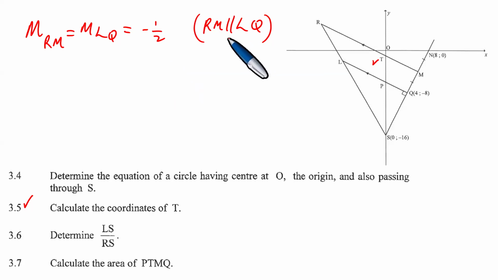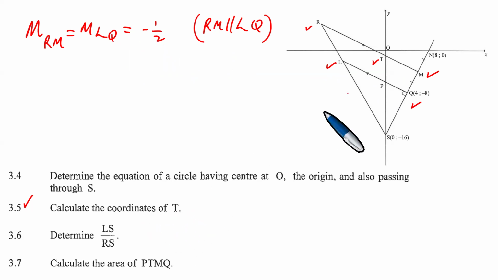If two lines are parallel like RM and LQ, here is R and here is M, here is L and here is Q, these are parallel lines. So the gradient of the line RM is equal to the gradient of the line LQ, because they're parallel to each other. Parallel lines have equal gradients, guys. That's a very important property.